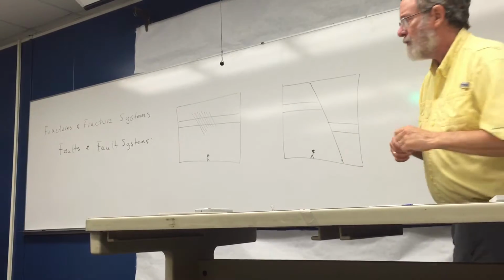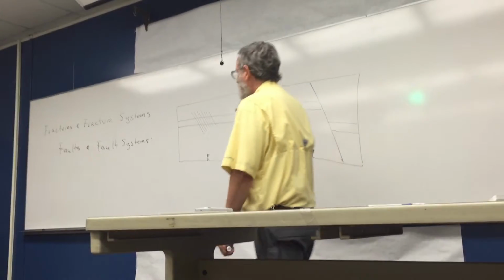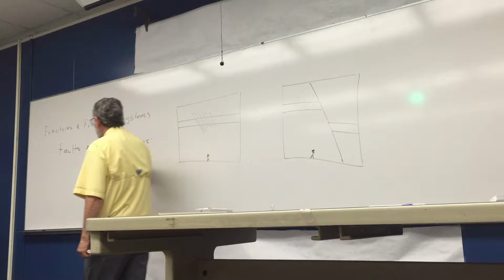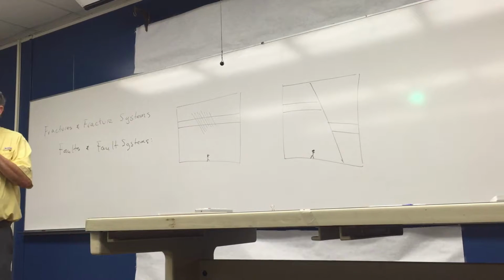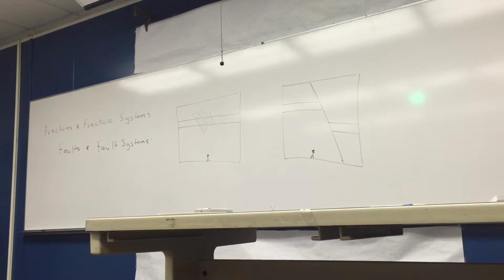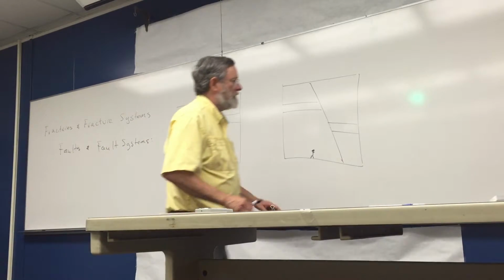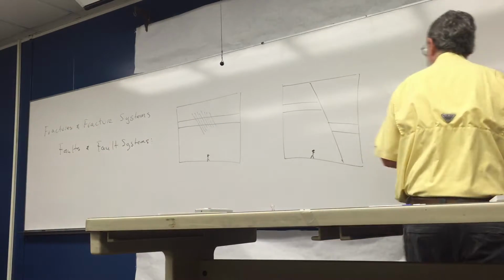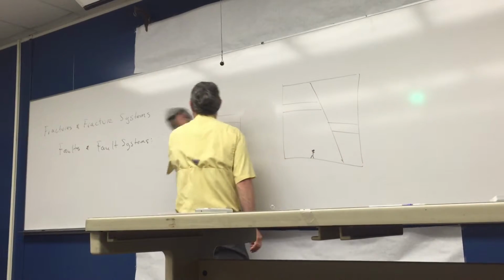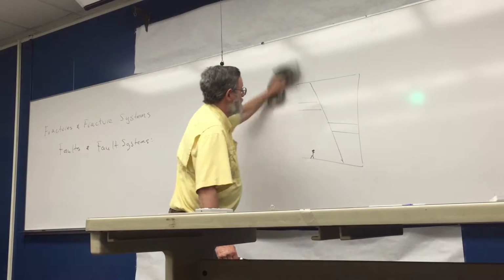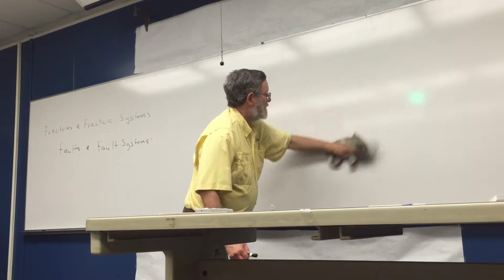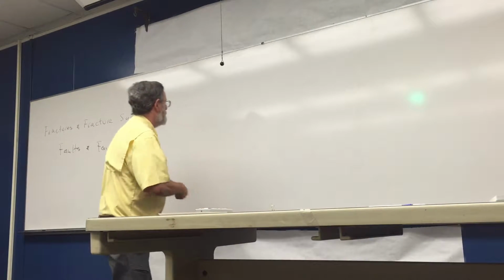Now, for a quick review, when we think about trying to classify faults, we tend to classify faults in terms of the type of displacement of the two blocks. So we want to review some basic physical geology, go back to Dr. Cornell's class, and define some simple relationships.